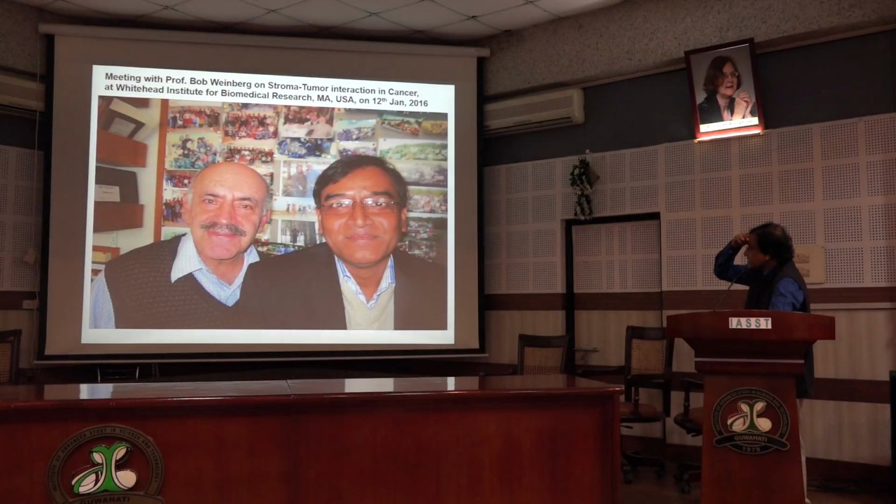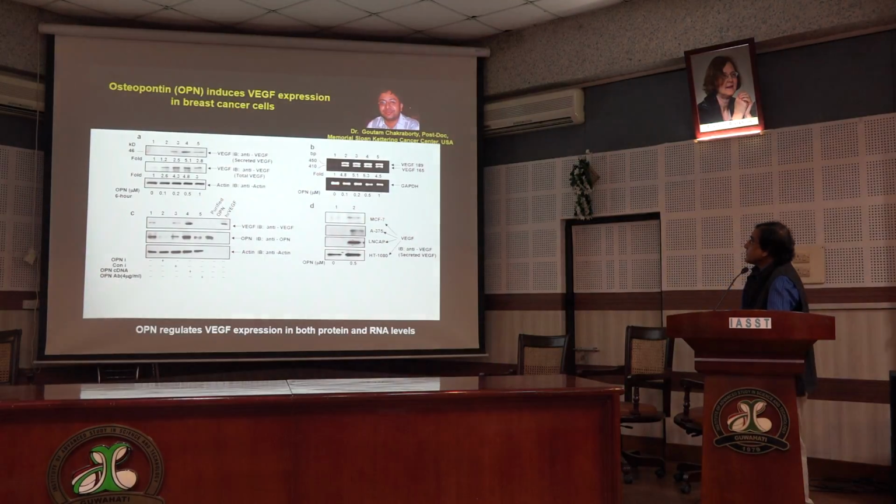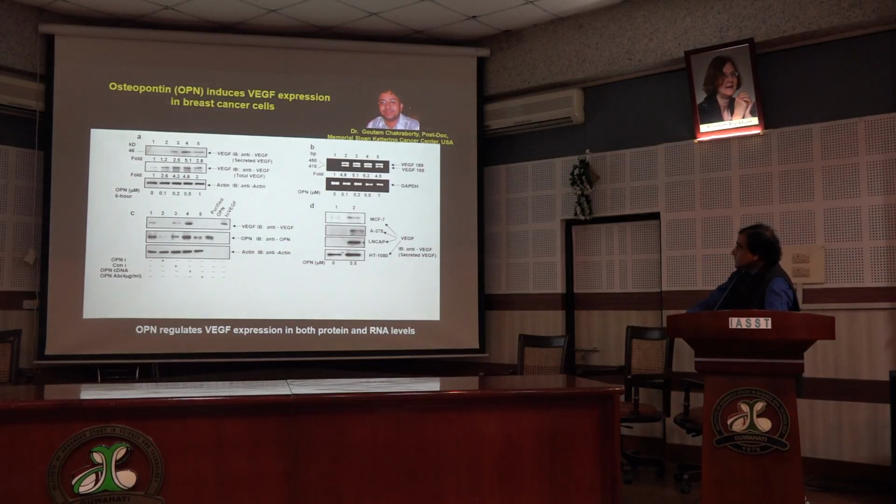With that, this last January, I had a meeting with Bob Weinberg, and now he has agreed to collaborate with us in this area. He has given us many reagents and cells related to that, and that work is going on. A few years back, we showed that tumor-derived osteopontin in triple negative breast cancer cells, MDA-MB-231, upregulates VEGF expression.